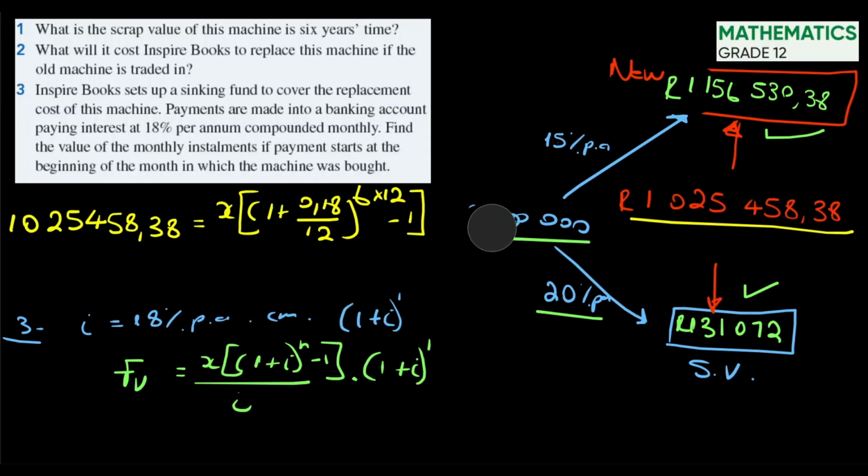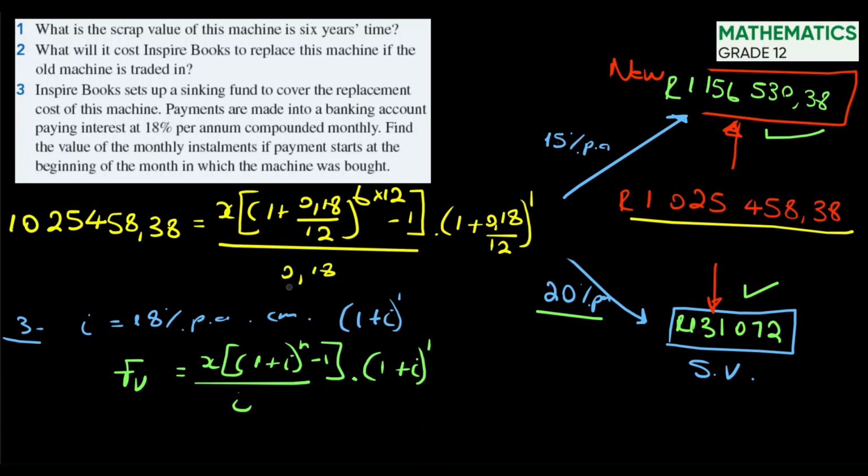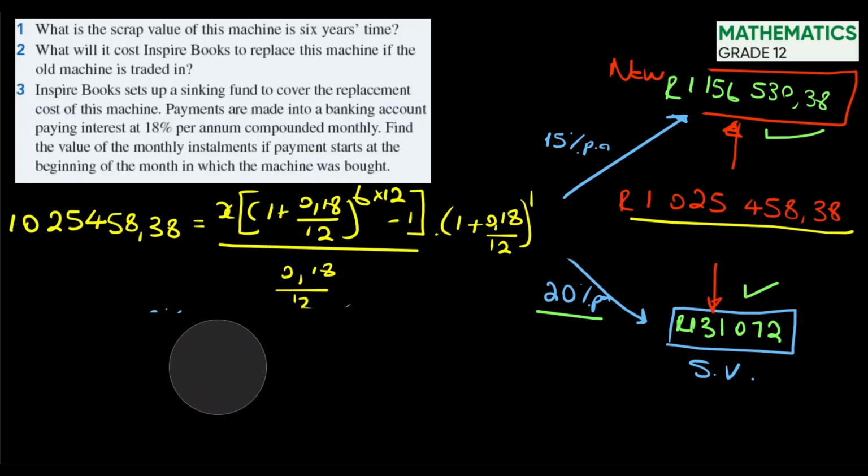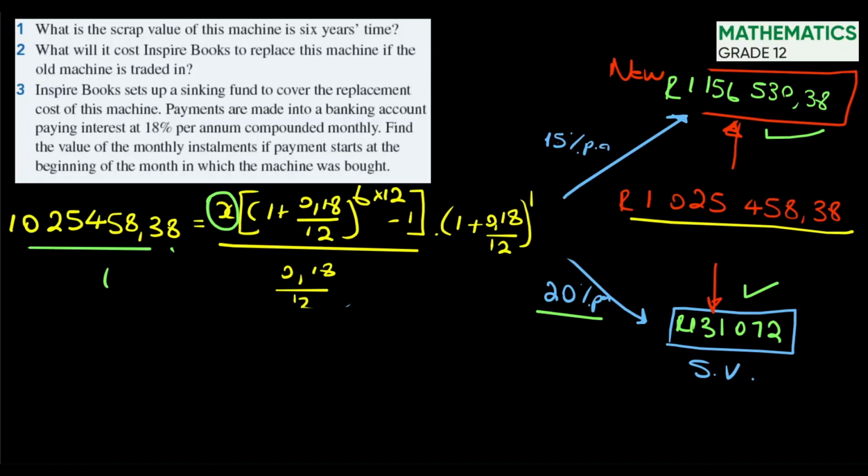And we have to multiply this by that immediate payment that gives the money extra interest to earn, which is (1 + 0.18 divided by 12) to the power of 1, all divided by the interest 0.18 divided by 12. Then what are we solving for? We are solving for x. So as we usually do, cross multiply all these values.